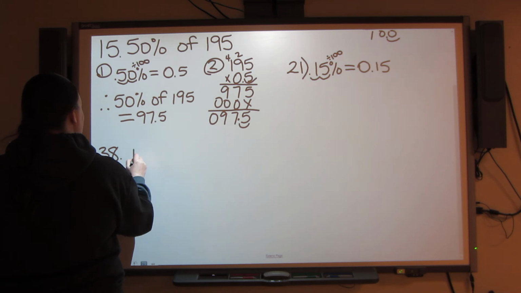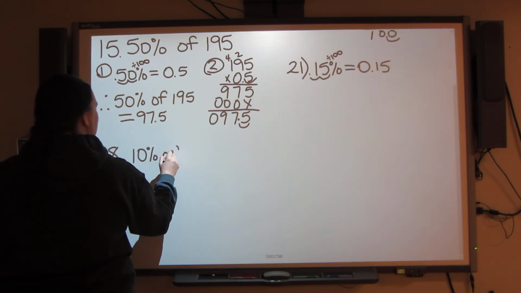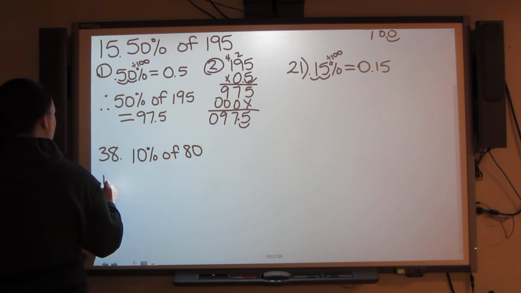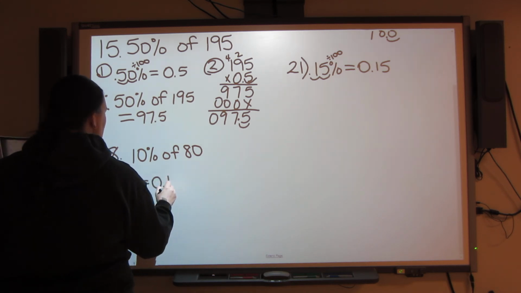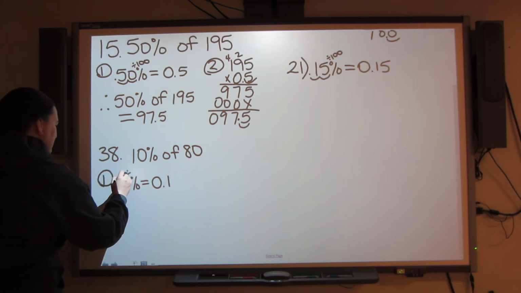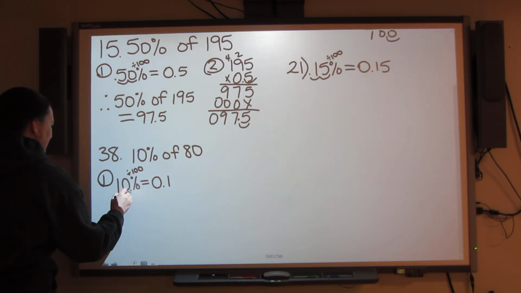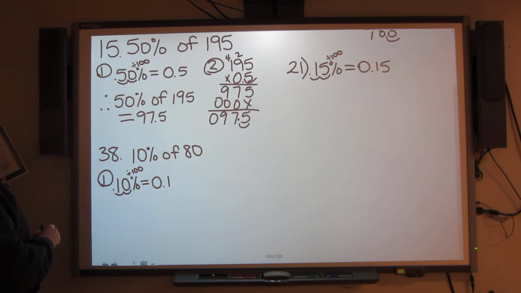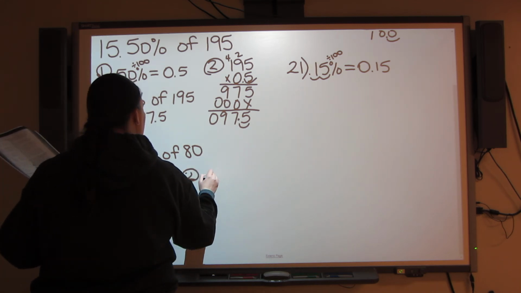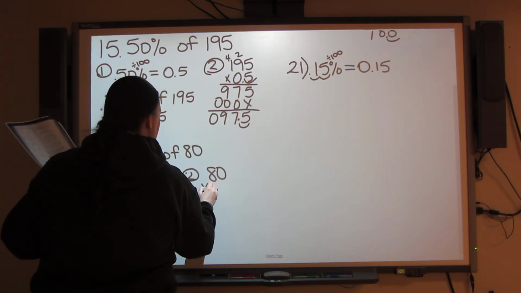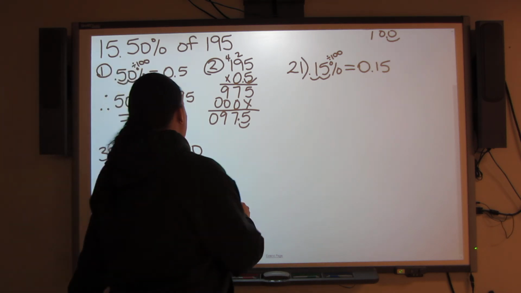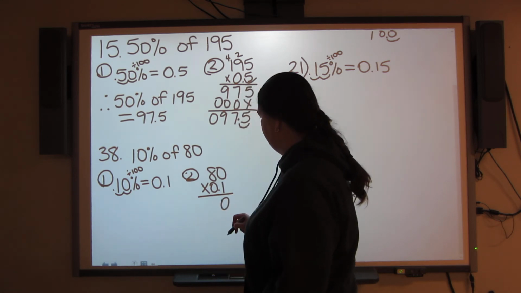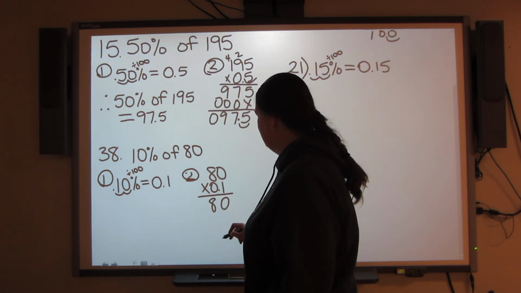I have 10% of 80. So step 1, 10% equals 0 and 1/10. Because when you divide by 100, you move that decimal 2 spots over and you don't need the last 0. Step 2, I take my 80 and I multiply it with my new decimal, which is 1/10. So 1 times 0 is 0. 1 times 8 is 8.